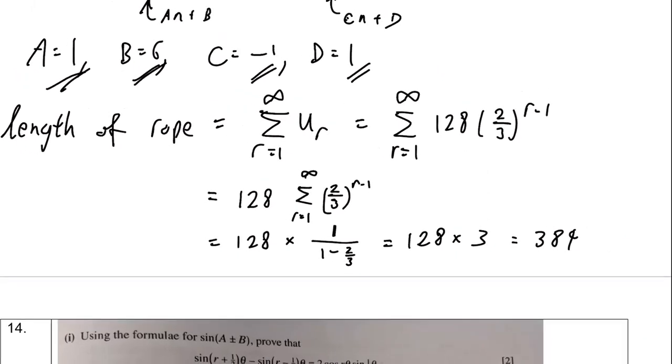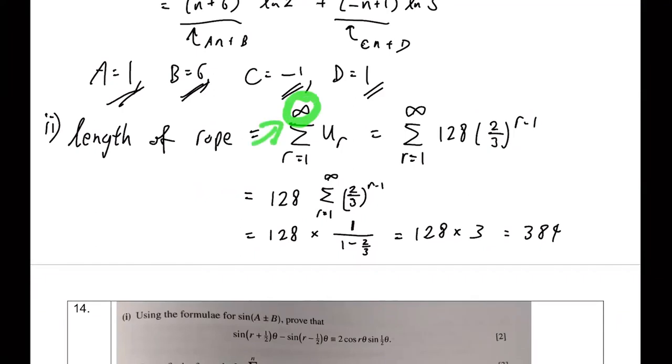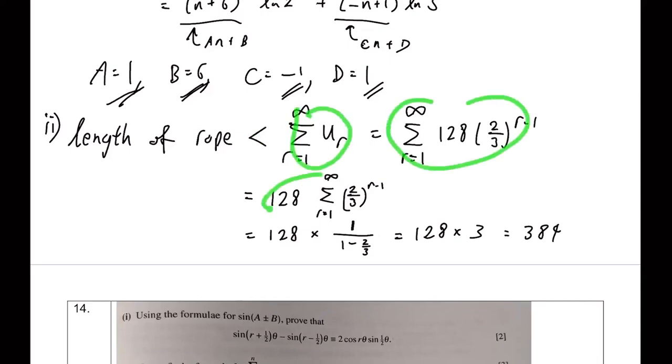But the length of the rope, if you cut infinite times, that's impossible, right? You can't have an infinite number of pieces of rope. So that means the length of your rope will actually be not equal to, but rather less than, the sum to infinity. This equals 384.